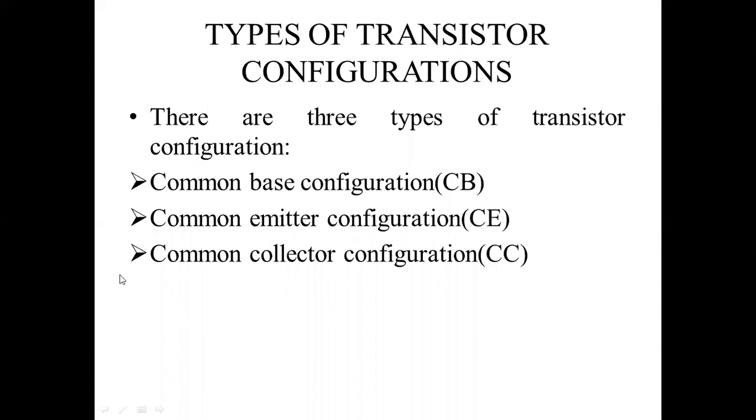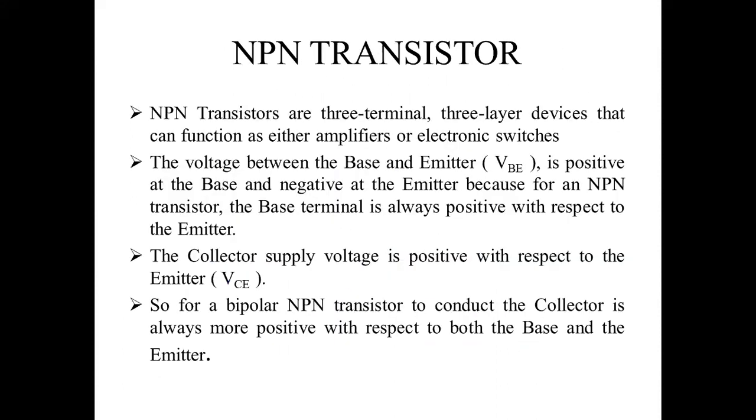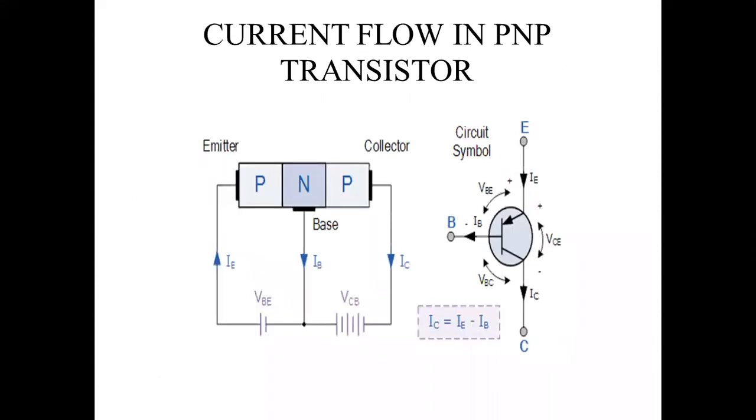The third one is the common collector configuration, where the collector is common between base and emitter. In the previous diagram, the emitter to base and collector to base, we used the common supply.